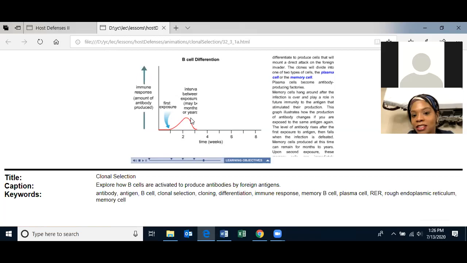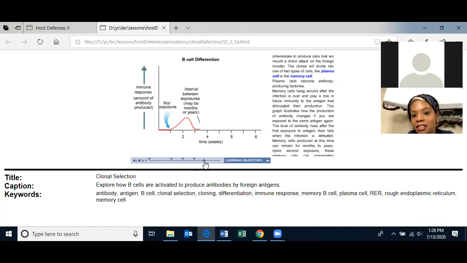And after the pathogen has gone away, there's no more stimulation of the B cells, and so they'll stop making antibodies, and then the antibodies will decrease. And eventually, at some point later, you won't have antibodies to that antigen circulating in your body.